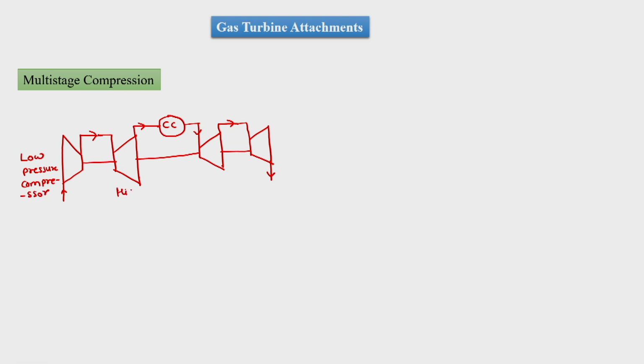Then this is the high pressure turbine, HPT, and this is the low pressure turbine, LPT, and this is the combustion chamber. So we can use multiple compressors for achieving the high pressure ratio in a gas turbine power plant.